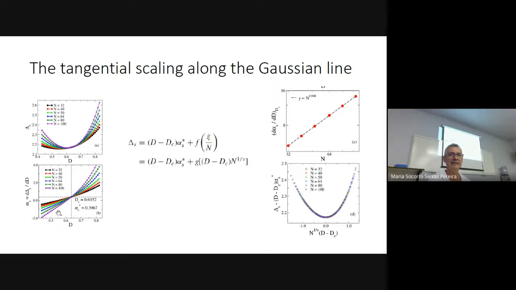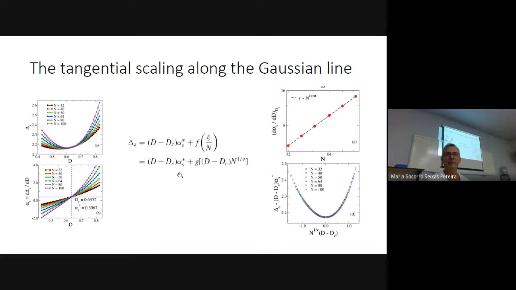And the second derivative of the gap, the first moment of this function, is singular in the thermodynamic limit. So the second derivative, which is plotted here, is the one that becomes singular at the critical point as the system size increases.